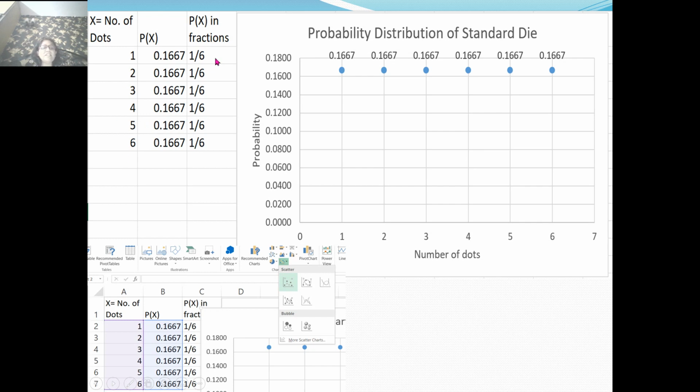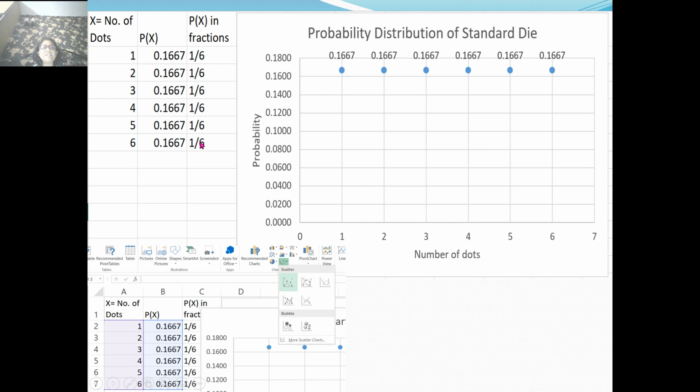So there are 6 possible outcomes, and each one can be assigned a probability. If I express it in the form of a fraction, that probability is 1 by 6. If you divide 1 by 6 and report it to 4 decimal places, it is equal to 0.1667. So that's how I calculated or assigned probabilities to these outcomes.